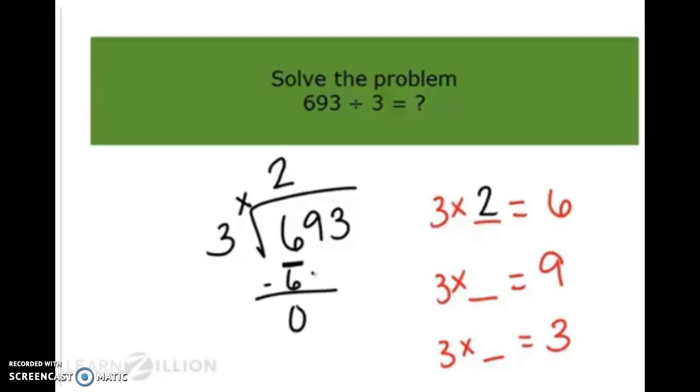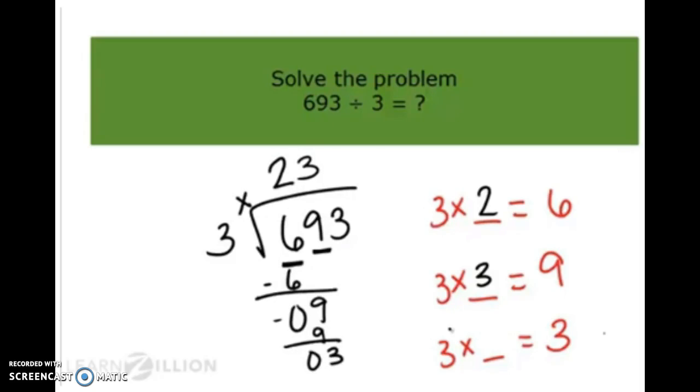When I look at my second digit, a 9, I need to say what times 3 is equal to 9, or how many groups of 3 are there in the number 9. In this case, I know 3 times 3 is equal to 9, so I'll place my 3 at the top, do my subtraction, and see that I now have a 3.